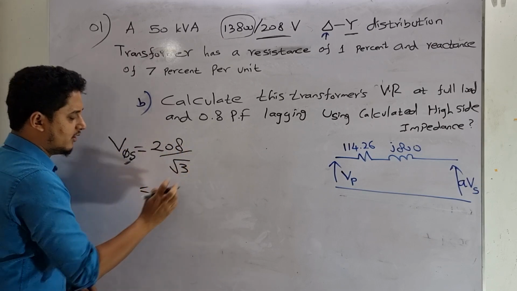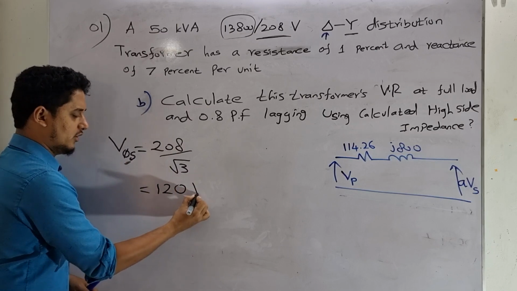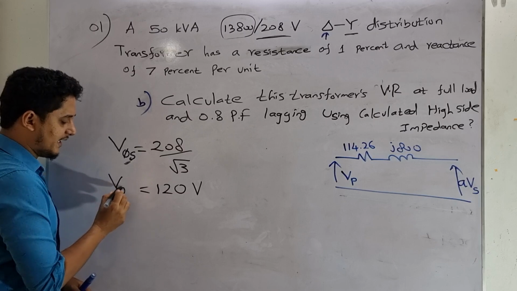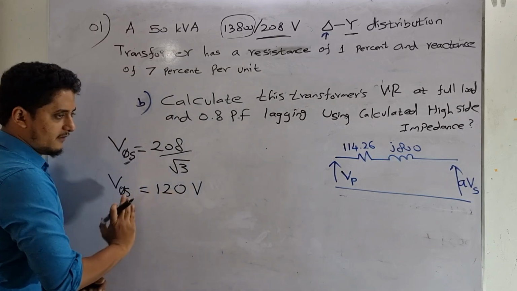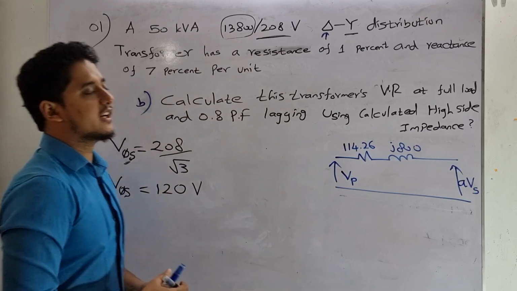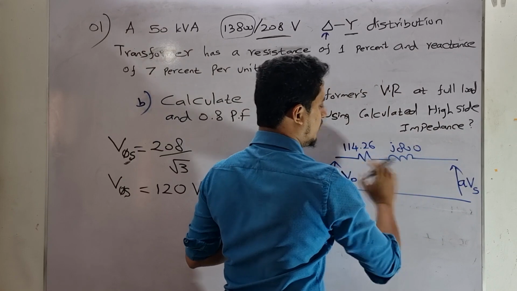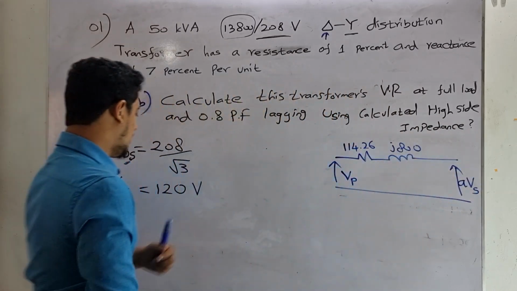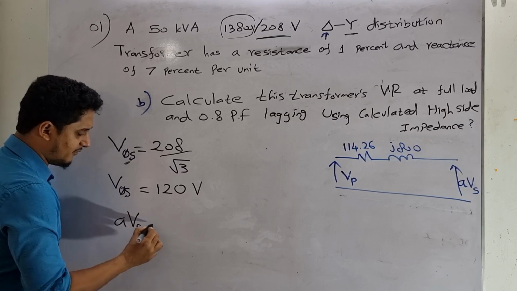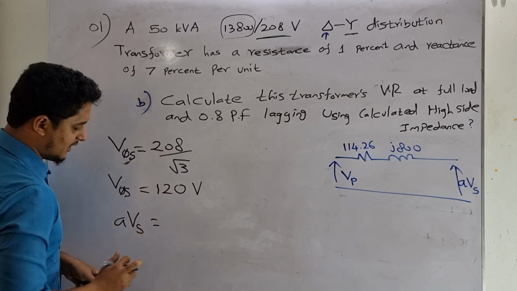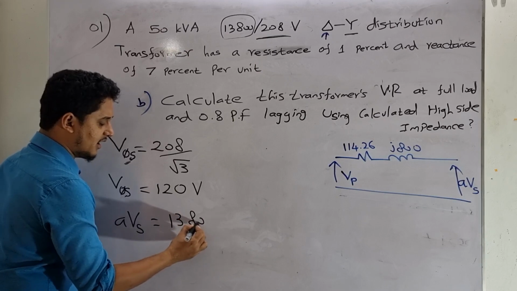If you divide by root 3, you get 120 volts. So this is the secondary phase voltage. From this voltage, we can calculate the secondary voltage referred to the high voltage side, A times Vs. So what is A times Vs? It would be equal to 13,800 volts.